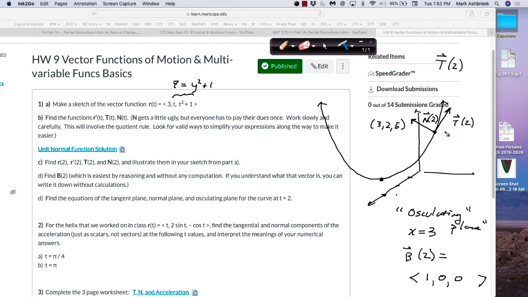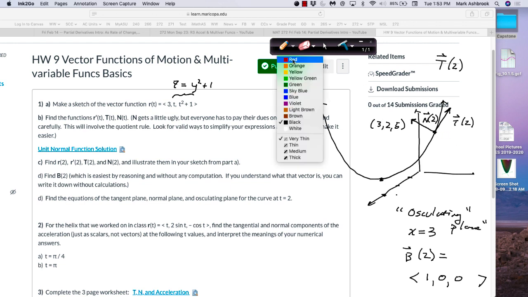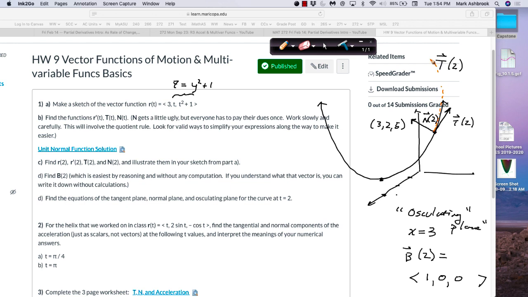There's another thing. In the osculating plane, there's something called the osculating circle, which we're not going to cover. It's in the osculating plane, and it's the circle with the same curvature as the curve. So you can imagine a circle that has the exact same curvature as the curve at that point.